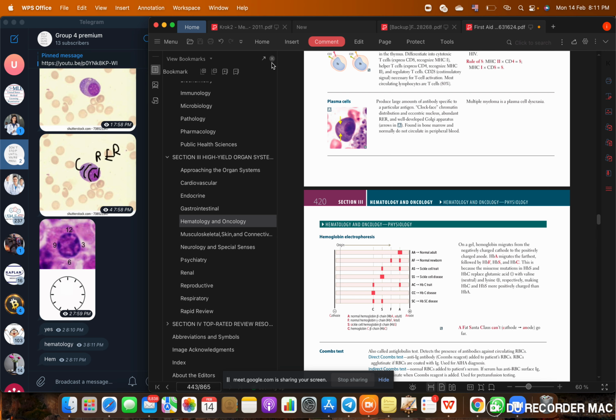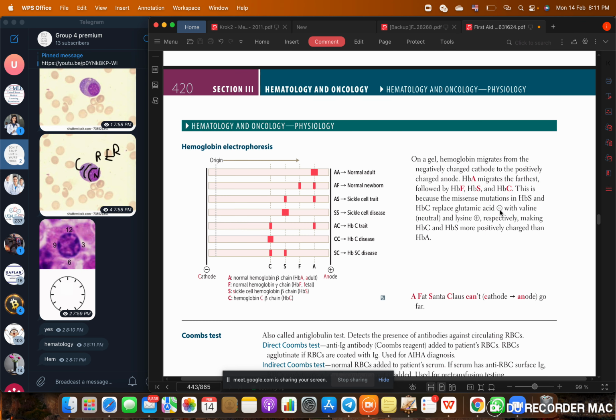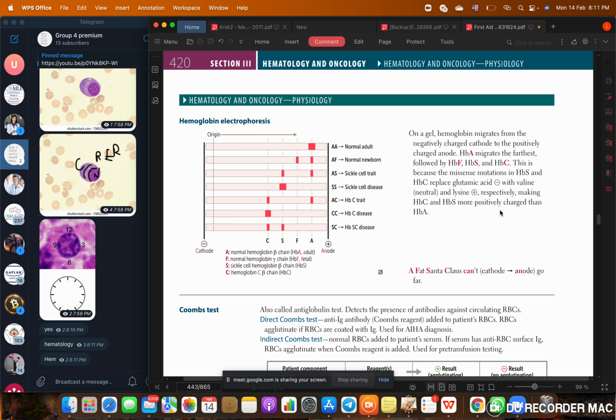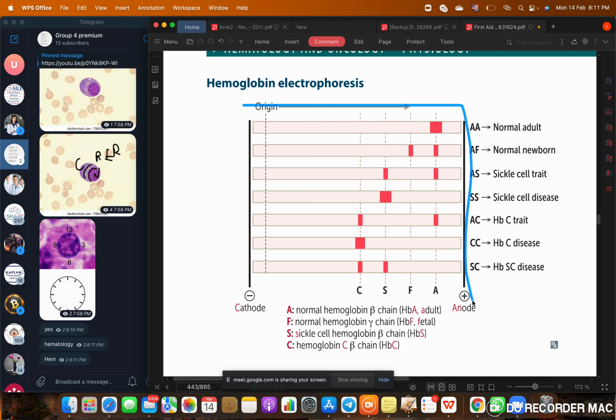So the next thing we are going to speak about is the physiology. It's a little bit more difficult than the previous topic. We are going to speak about the electrophoresis process. Here we are basically going to bring a media, fill it with jelly, and then put an electrical wire on it.